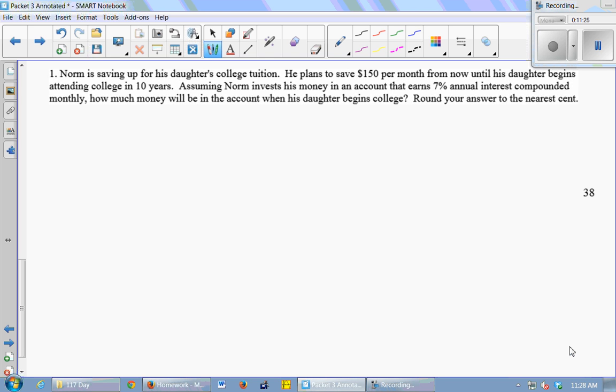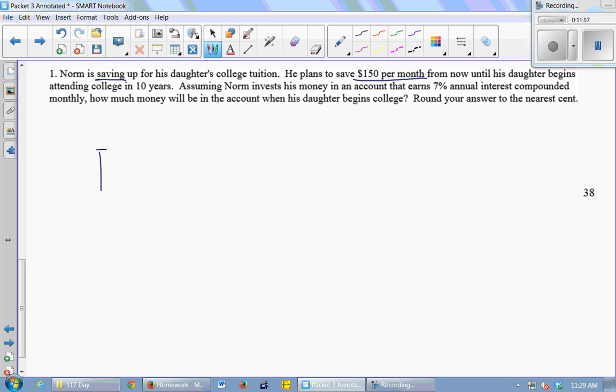So we're going to be using one of our 4 savings formulas. He plans to save $150 per month. So he's setting little bits of money aside over time. That's going to be the fixed annuity formula.